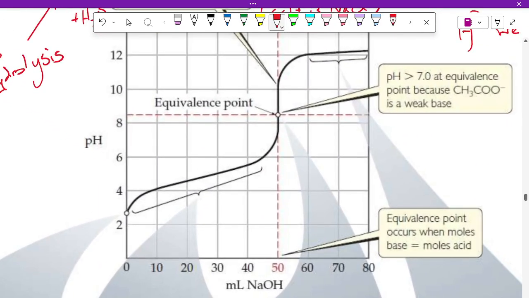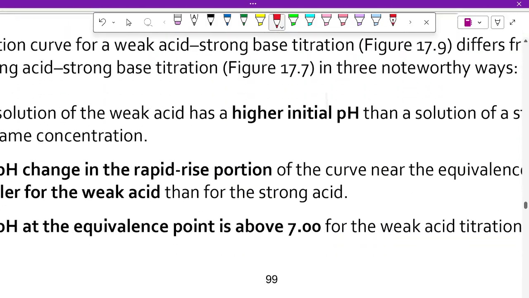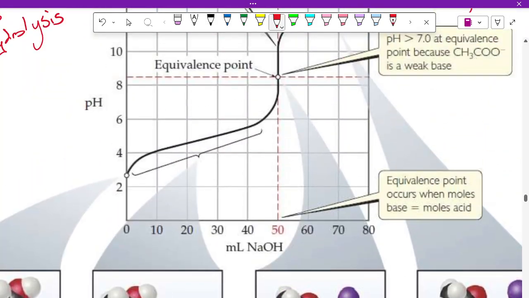Let's go back to page 99. Find the Ka of CH3COOH from this graph?